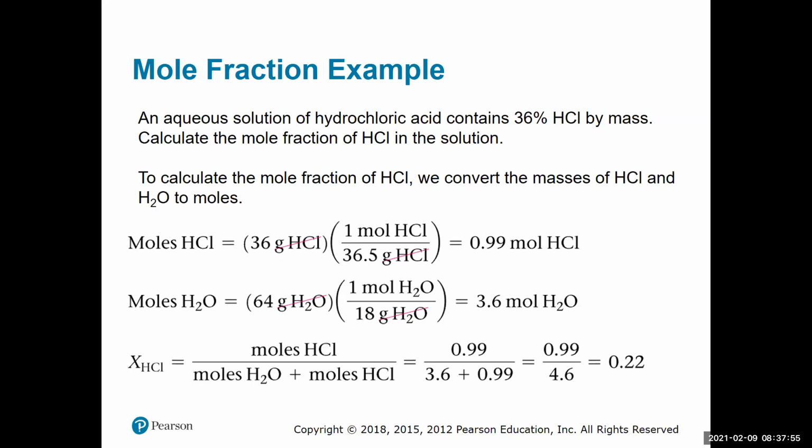And then if we do that math, we get 0.22 as our mole fraction. We just as easily could have calculated the mole fraction for water. In that case, it would be the 3.6 in the numerator, and then we would get a different answer for that. So with mole fraction, make sure you note which compound you're being asked to calculate for.